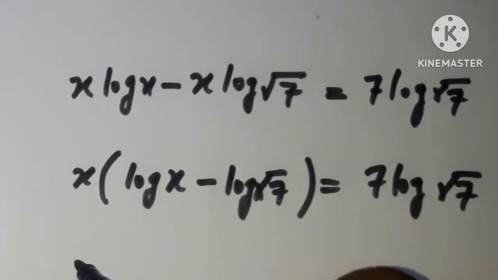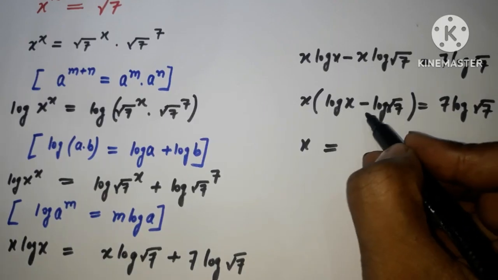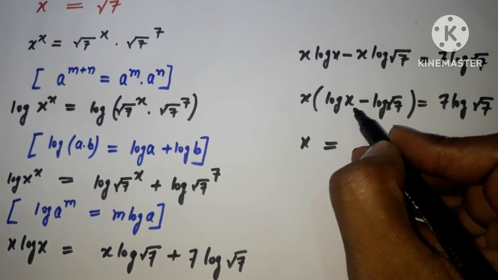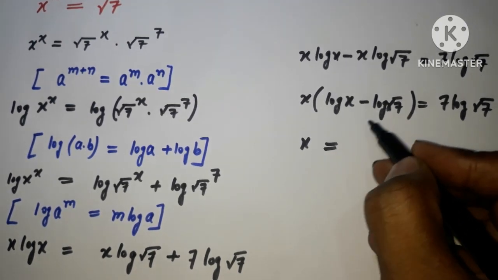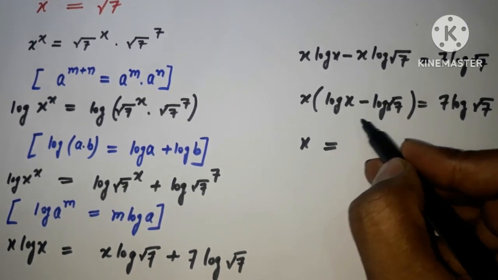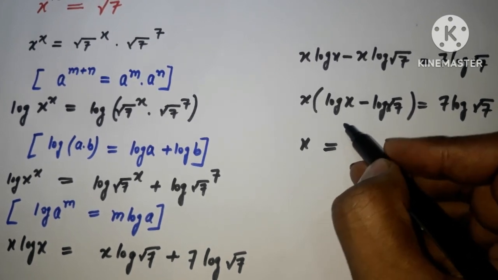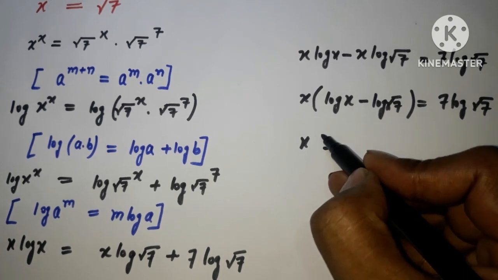And finally, this term is already in this way, log x minus log root 7, so that can be solved in this way. This is in the division form.